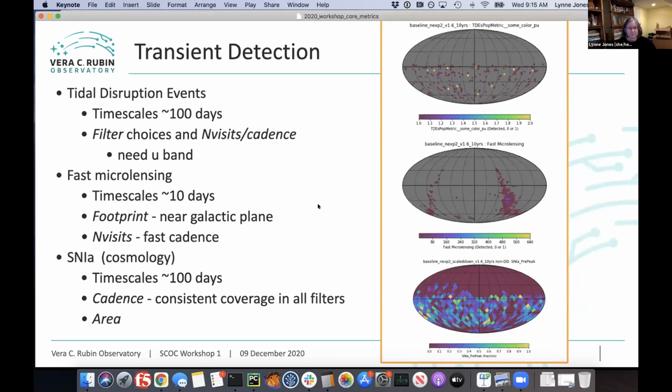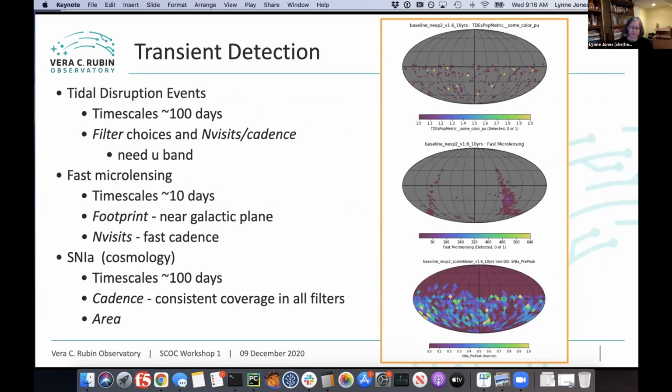So then for transient detection, transient variables cover a wide amount of science. We include a few more transient and variable science metrics when we look at the particular distribution of all of the metrics for these.